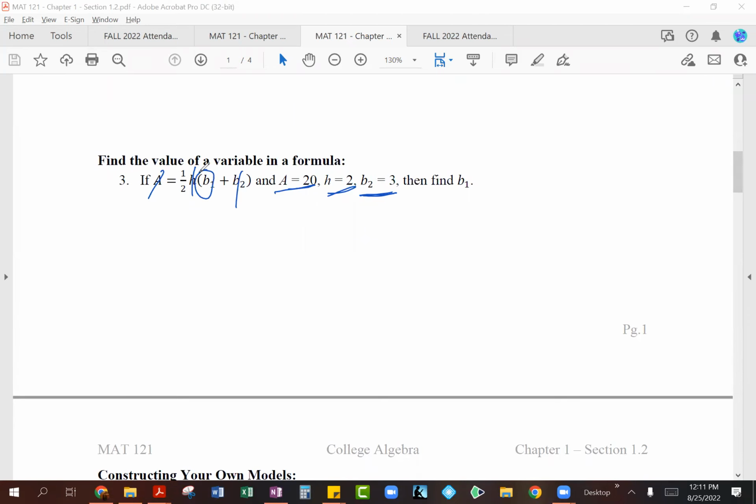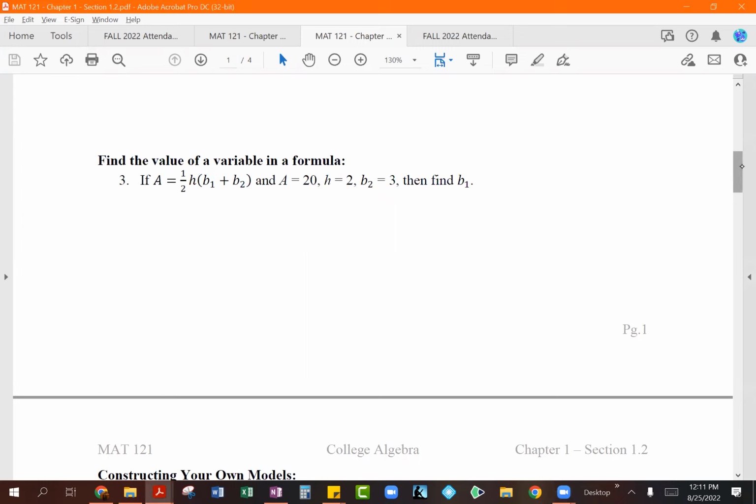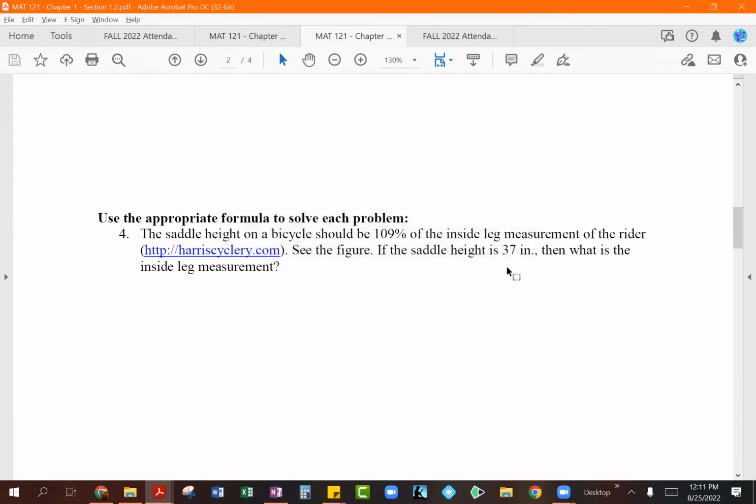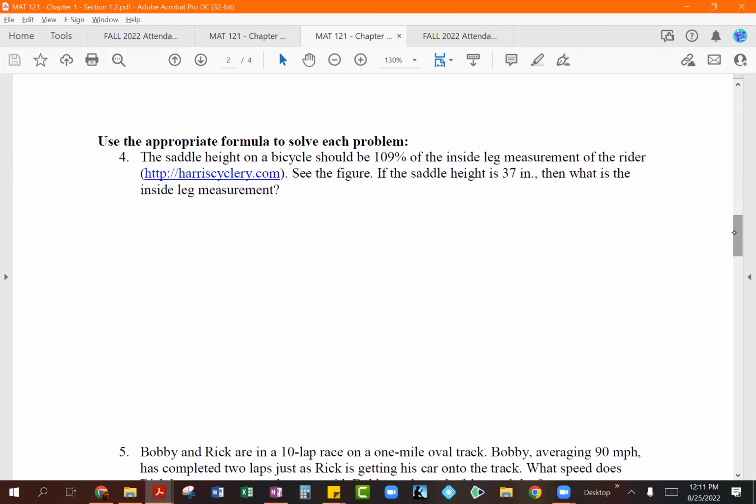As you can imagine, you would plug in your numbers and work backwards to solve it. You can do this on your own time to see how that works out. It's part of your video lecture if you want to see, but I do want to get into constructing our own example. So let's start with number 4 over here.